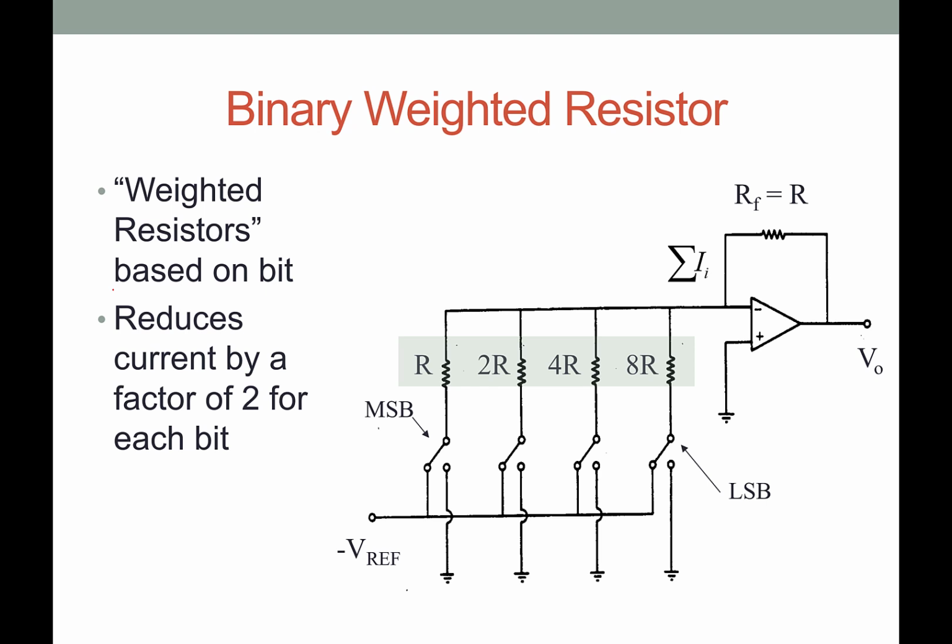Notice that what's going on here is each time you do this, the weight in each particular branch changes. This branch is going to have a current I, but the current in that branch is going to be half of that, and the current in that branch is going to be half of what was in this branch, and so on.